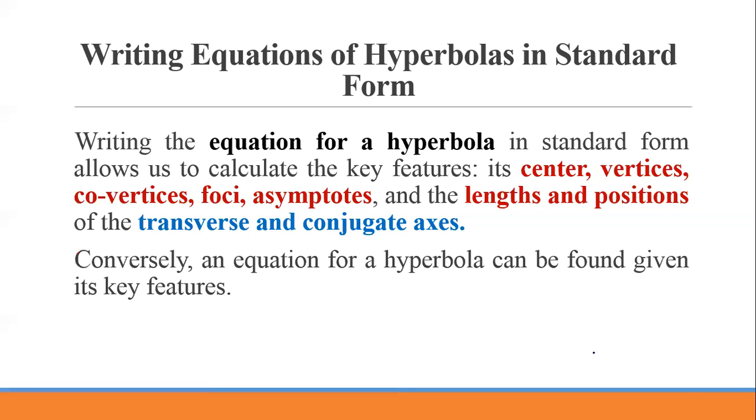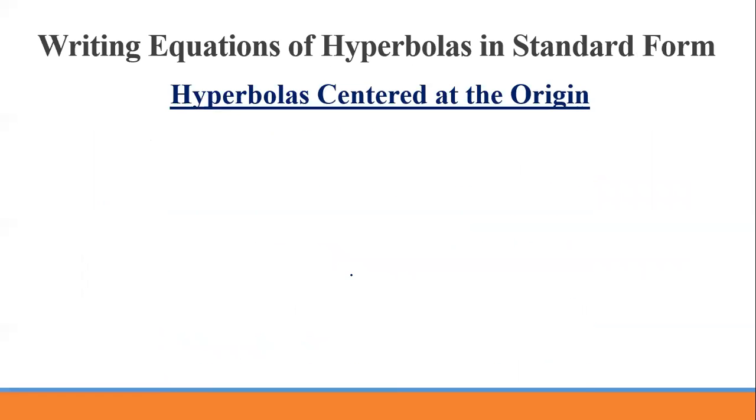So, conversely, an equation of a hyperbola can be found given its key features. So, by this, we begin by finding standard equations for hyperbola centered at the origin. Okay? Ayan. So, centered at the origin. Yan. So, we will turn our attention to finding standard equations for hyperbola centered at some point other than the origin.